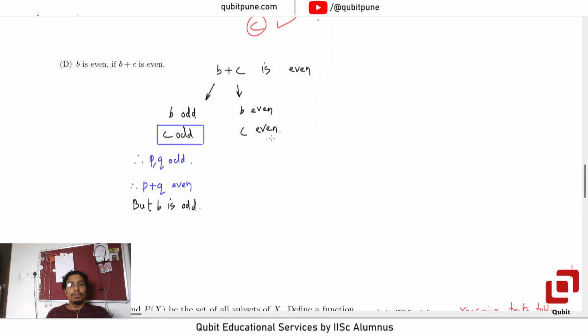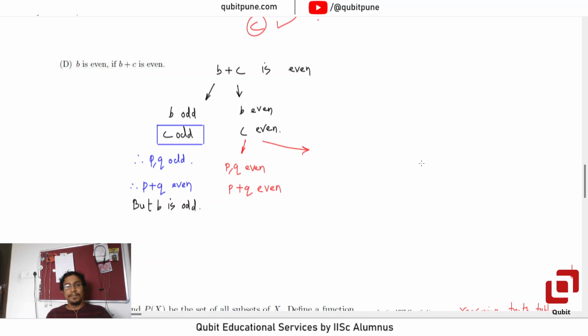So will the other possibility be there? Yeah, of course it has to be there, right? तो C even में भी अभी एक possibility क्या है? Okay, let's just investigate for it. C even, P Q both even, no question of P plus Q being odd.